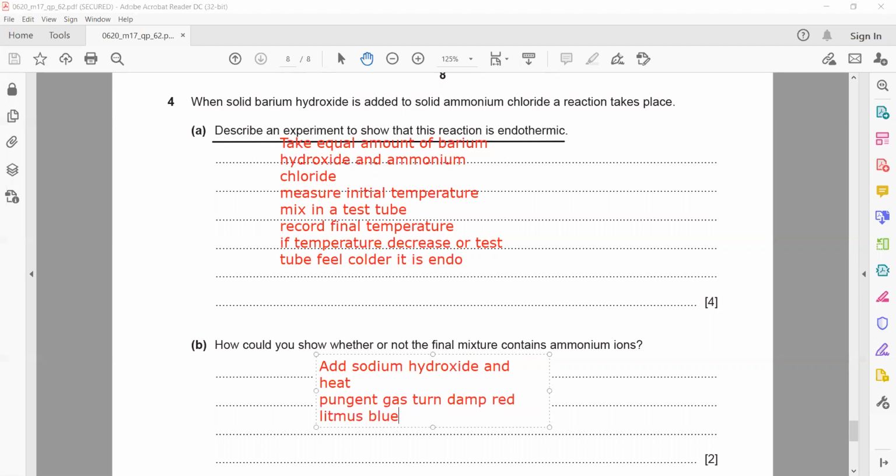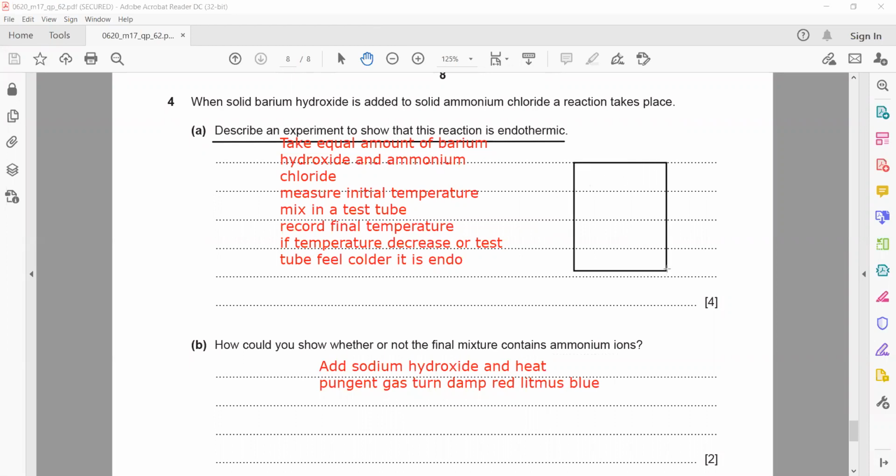In that sense, for example, if you have an aqueous solution of barium hydroxide and ammonium chloride, when you mix them, initially if the temperature is 20, and the reaction is endothermic, the final temperature will be less. Why? Because the reactant molecules absorb energy from the surrounding water molecules and undergo a reaction. So the temperature will decrease if it's an endothermic reaction.